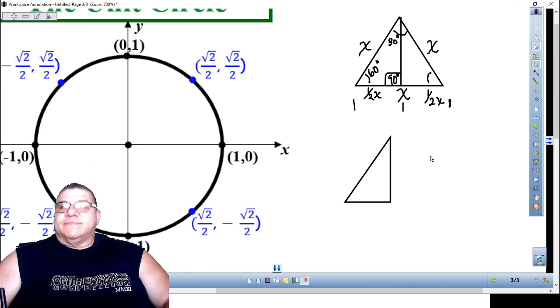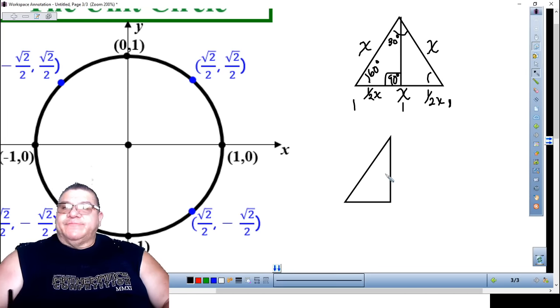Alright, so there it is. Alright, so this is that triangle. As close as I'm going to get because my tool is really giving me a hard time right now. Alright, so with that said, we said this is 60, this is 30, and this is 90.